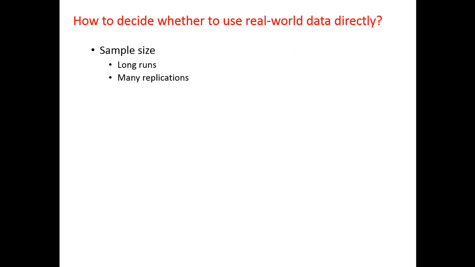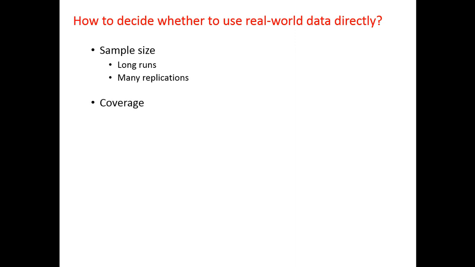For instance, if I run my airport security checkpoint model for 365 days and I perform 100 replications in my experiment, I probably sample thousands, if not tens of thousands, of observations from my data tables. I'm just sampling from those 275, 350 values only.